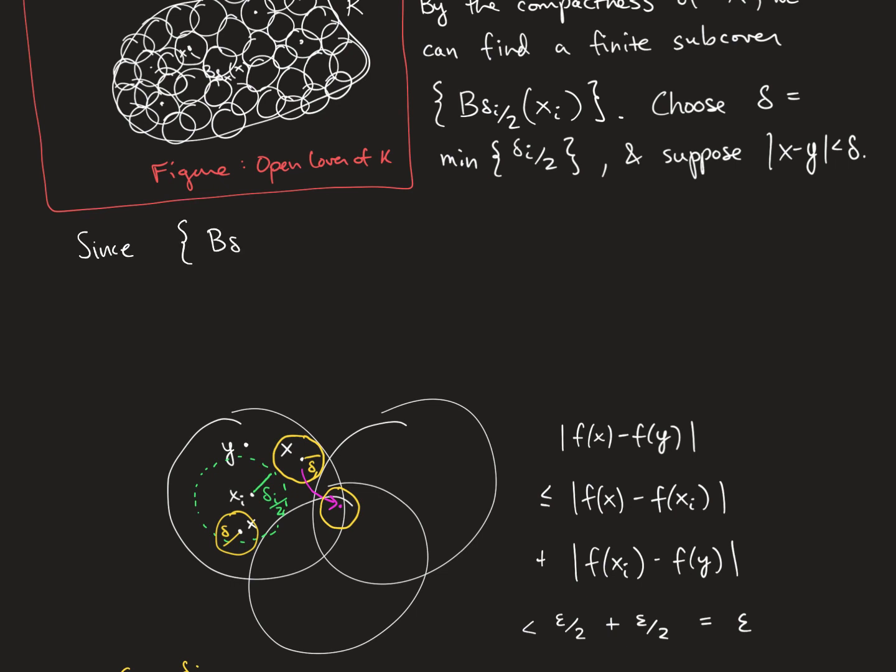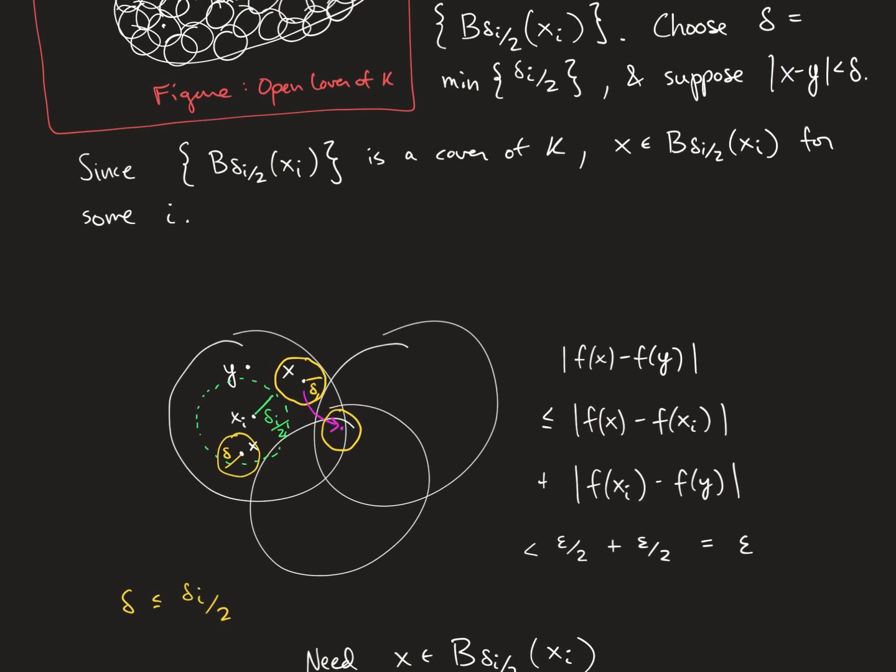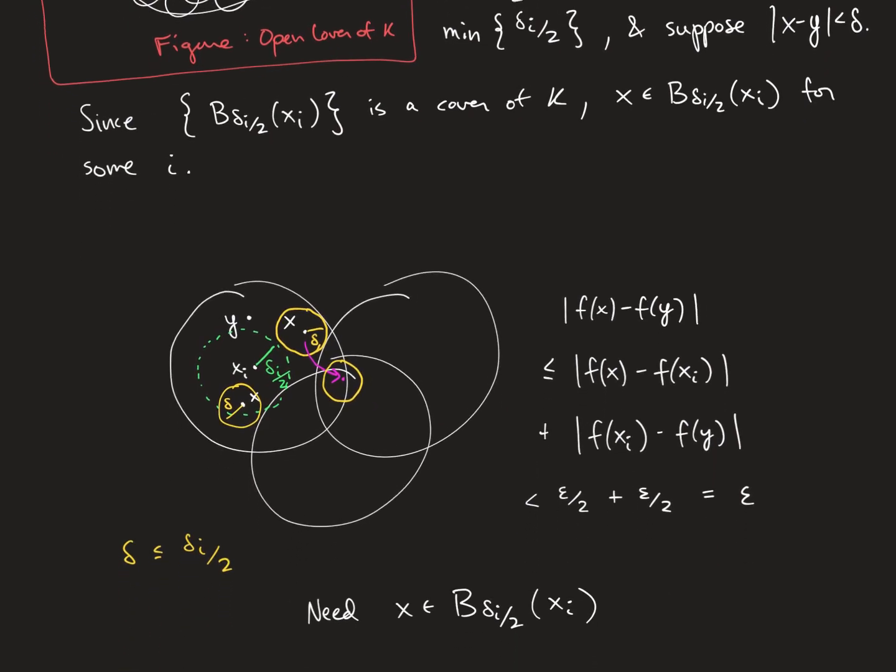Since the half balls, we have this finite subcover, it is a cover of K. x is in one of them, for some i. Okay, and then remember the key thing was that we wanted our x and y to be in the ball of radius delta i around xi.